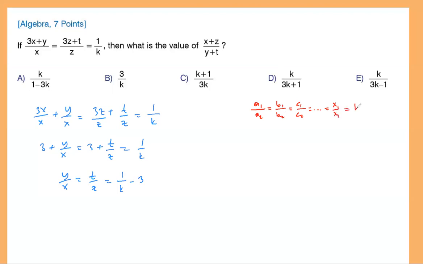Let's say this is equal to a number, k could be a fraction as well. So whenever you have a bunch of fractions that are equal to each other, we can even add the numerators, and then we get the same result as these ones.